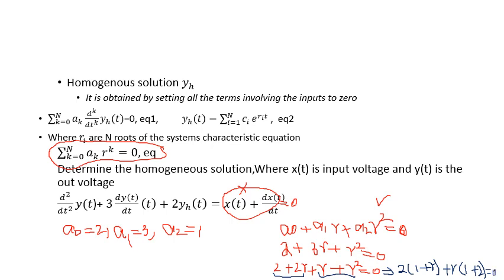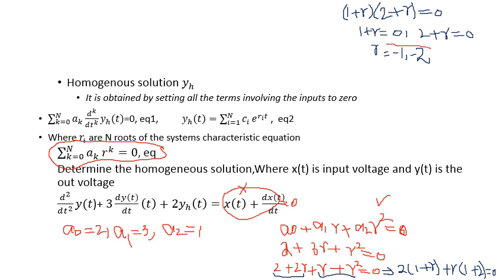So solving for r, it will result in r equals either -1 or -2. So we found r equals -1 and r equals -2. These are the two values that we have found for r.